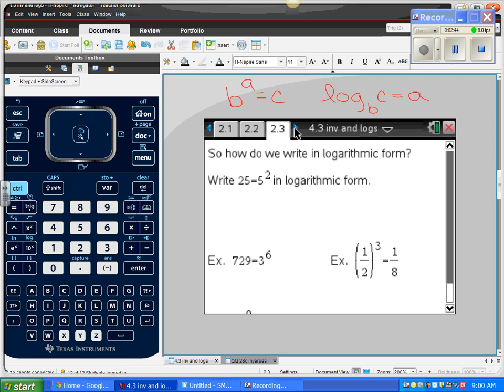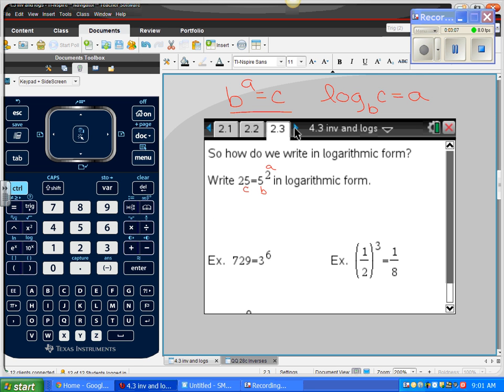Is 25 equal to 5 squared? Yeah, absolutely. So what would 25 be according to this? It would be C, right? What would 5 be? Which is B. And what would 2 be? A, right? Okay, so now we know A, B, and C.